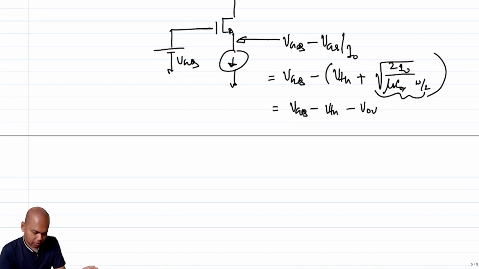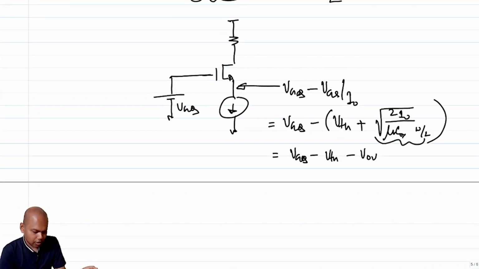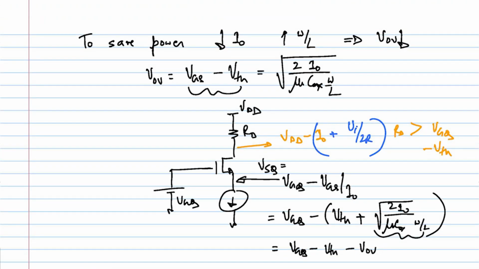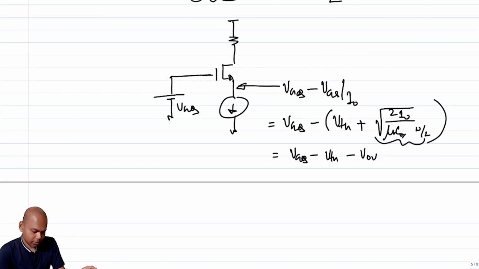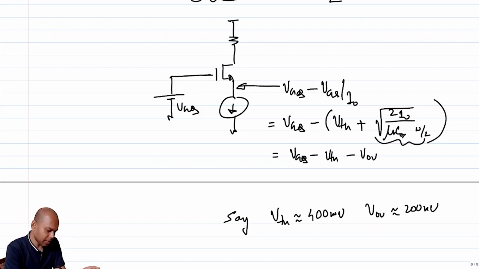So if I take rough values, let's say threshold voltage is approximately 400 millivolt and overdrive voltage is approximately 200 millivolt, which are generally the typical numbers that you will arrive at later on for, let's say, a 1 volt supply process.